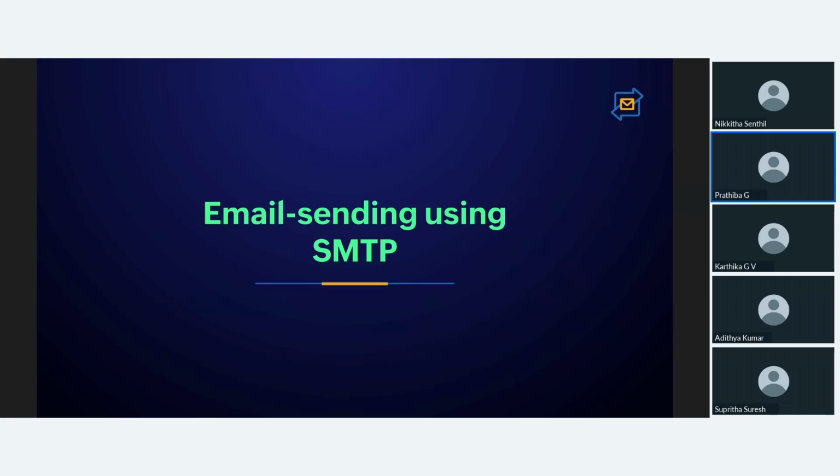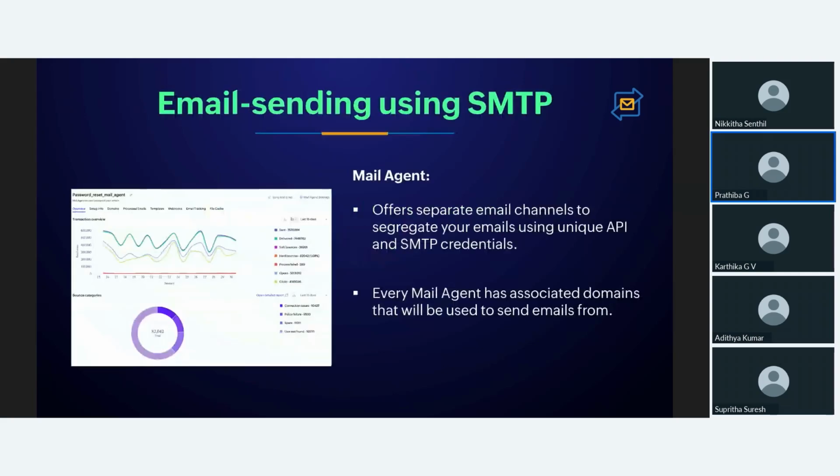Now coming to configuring ZeptoMail to send emails using SMTP. As a first step, as soon as you create your account and you verify your domain, you will be taken to a section called the mail agent. We'll talk more on this in a while, but for now, know that mail agents offer a means to segment the different emails you send out into groups.